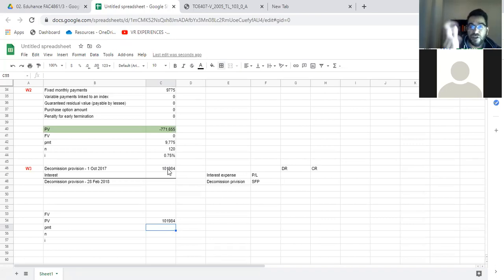Let's use this example. They have this now, 1 October 2017. In 10 years' time, they need 250,000 Rand in order to fix up. So they work out the present value and put this 101 into a bank account, and it will earn interest so that in 10 years' time they have the 250.